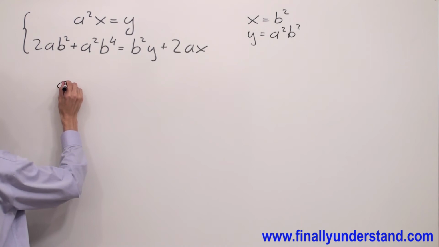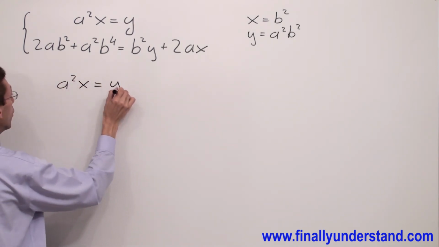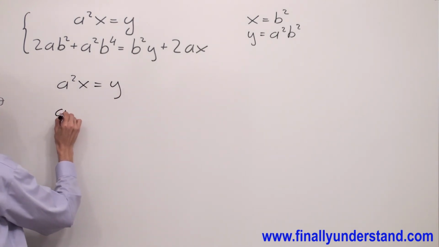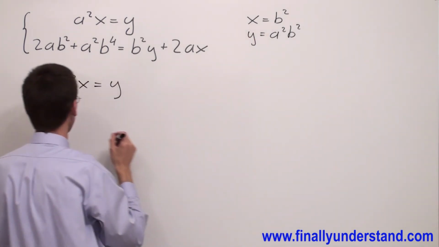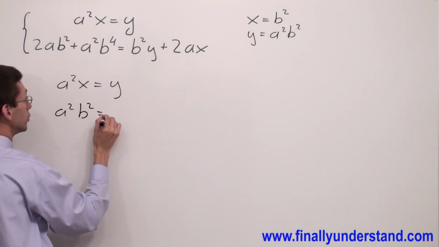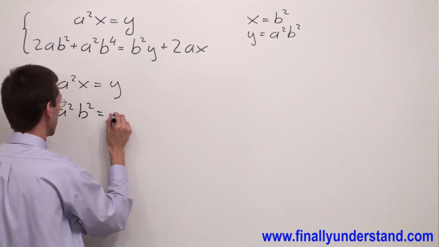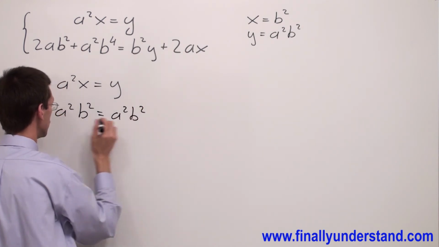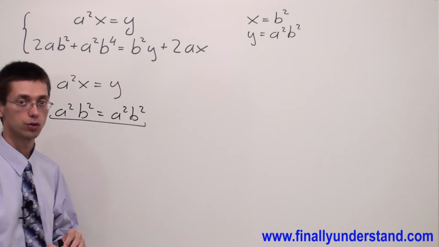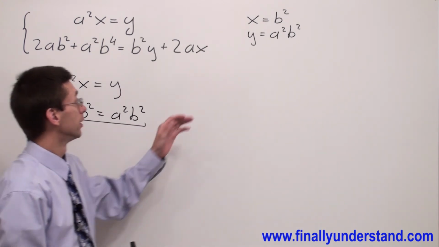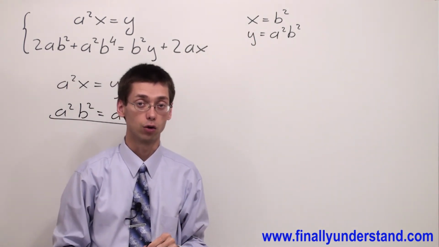We have a squared x is equal y. A squared x we have to substitute by b squared, is equal y we have to substitute by a squared b squared. A squared b squared. As you can see, the left side is equal to the right side. So we can say that these expressions for x and y are okay.